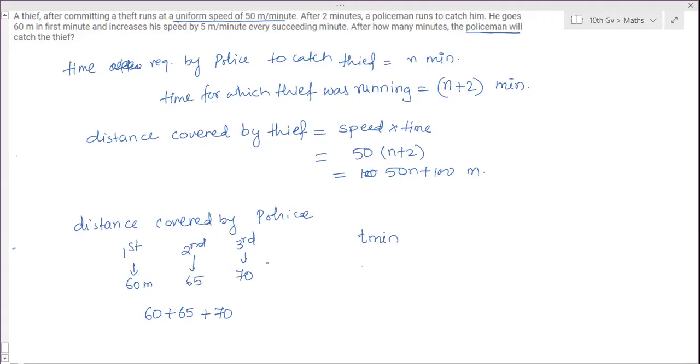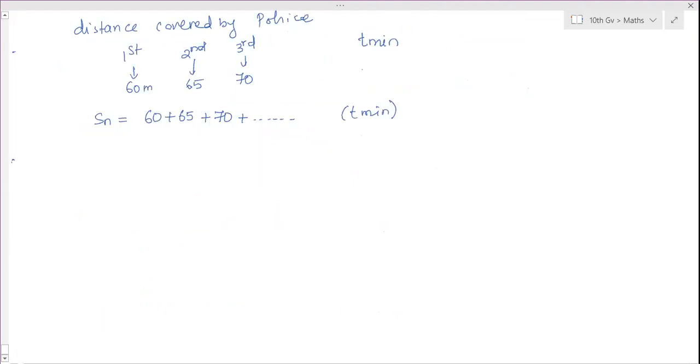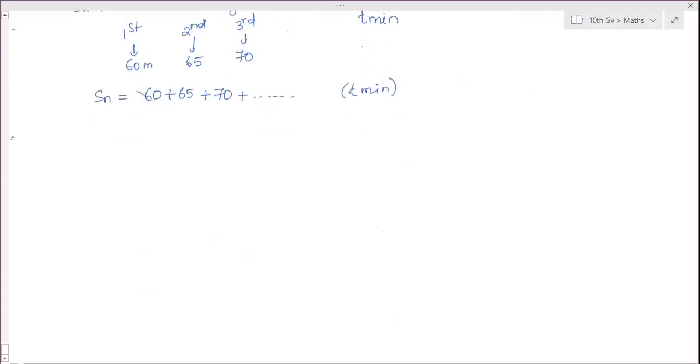So we have to calculate the sum of all these distances till n minutes. This is the total distance covered that we have to calculate. So for 4 minutes, we have to calculate the 4 distances; for 5 minutes we have to add all of them. So we have to keep calculating till n minutes.